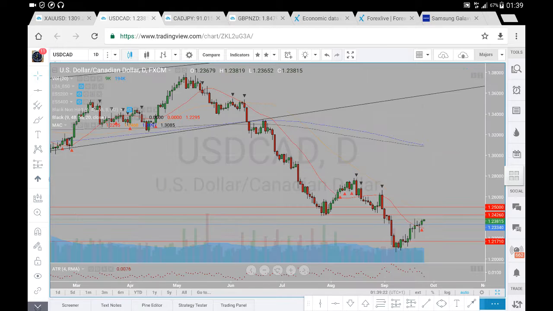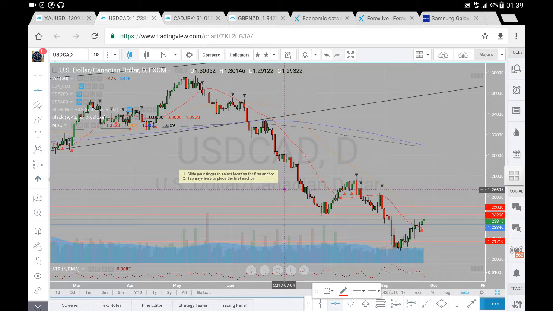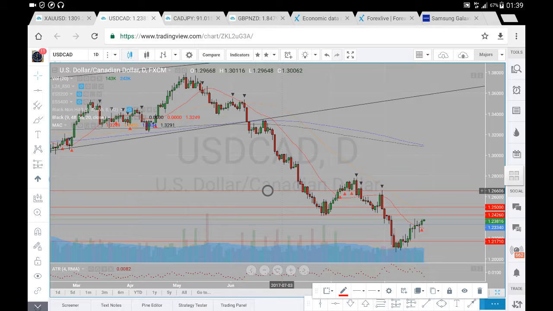Down to the daily chart, above, we'll be looking at this region here. I don't expect it to go there before I actually get to 126.63.